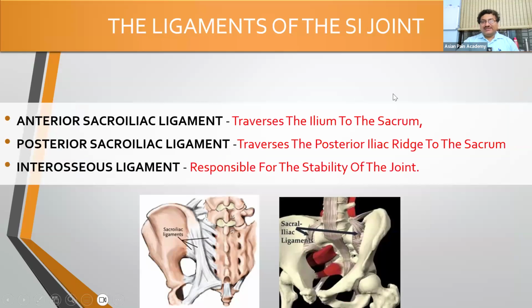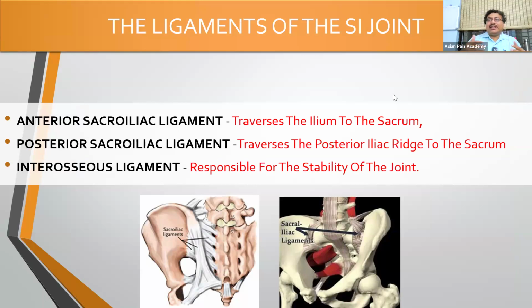Now, as we discussed in the last class and with the ultrasound as well, we have multiple ligaments, the sacroiliac ligaments, sacrotuberous ligaments, and sacrospinous ligaments, which are making this joint stable. Mainly, two ligaments are important for the stability: the anterior sacroiliac ligament and the posterior sacroiliac ligament, which lie anterior and posterior.